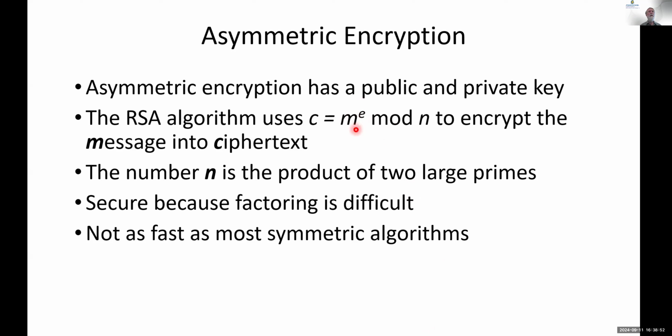Take the message, which you can always think of as a great big integer, even though it may be a couple hundred bytes, and then you raise that integer to the e power modulo n, that is remainder mod n, and that gives you the ciphertext C. And then you can undo that by just raising the ciphertext to the power d mod n, and it gives you back the plain text. It's pretty straightforward. But not fast, though. It is much, much slower than, say, AES or DES by orders of magnitude.